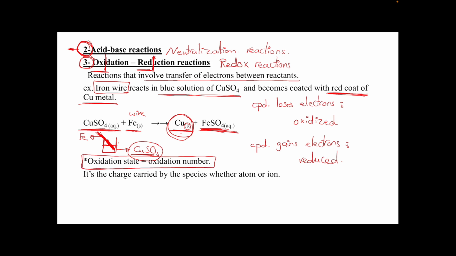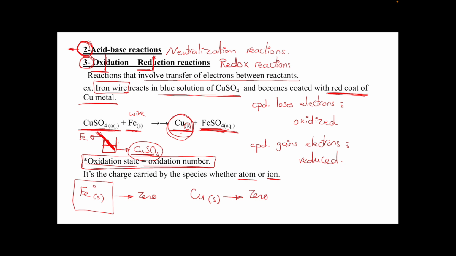Oxidation reduction reactions are characterized by a major number of ions called oxidation state or oxidation number. In case of iron metal, in this case it is a solid, the oxidation state or oxidation number here is 0. It is the charge present on the compound, on the species, whether it's an atom or an ion. In case of iron wire here, it's 0.